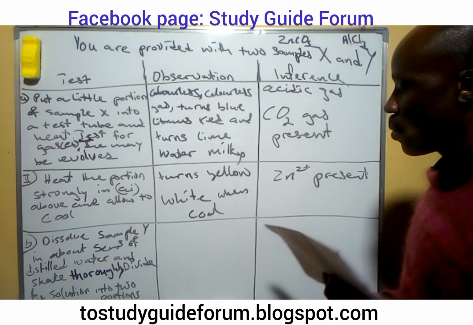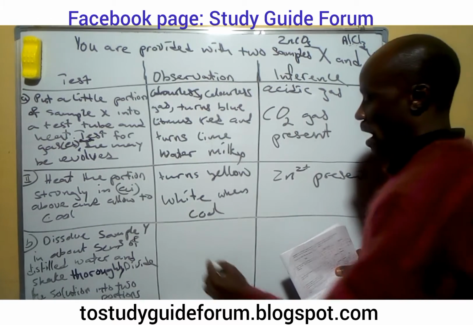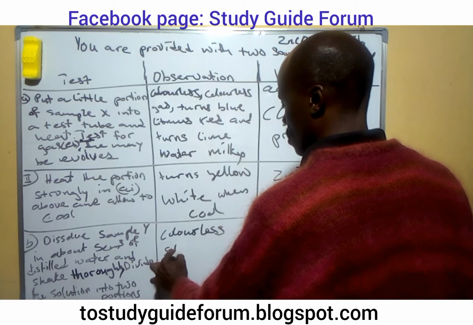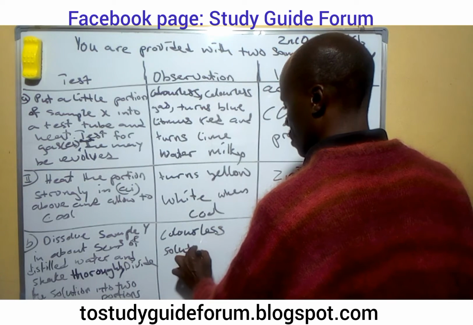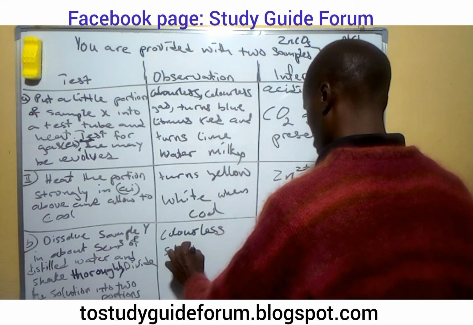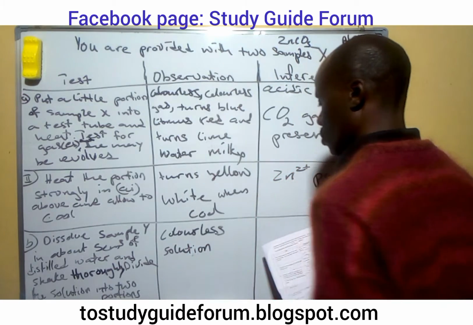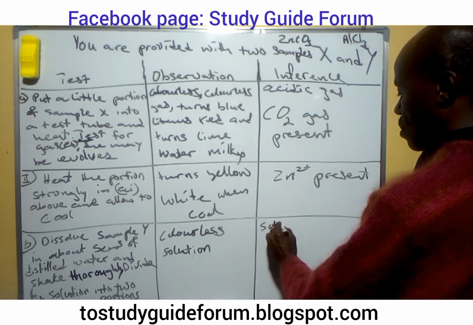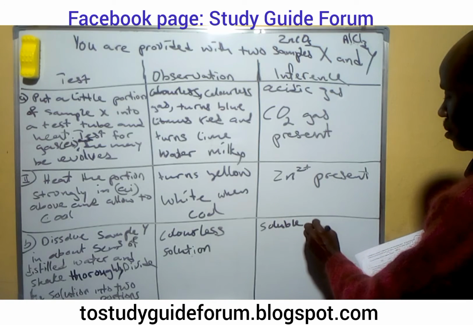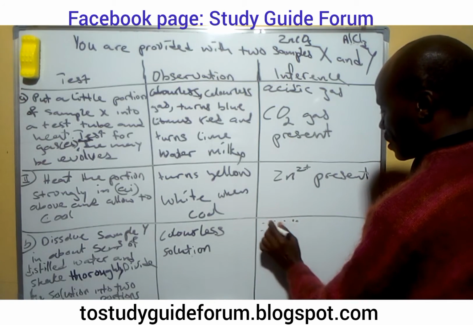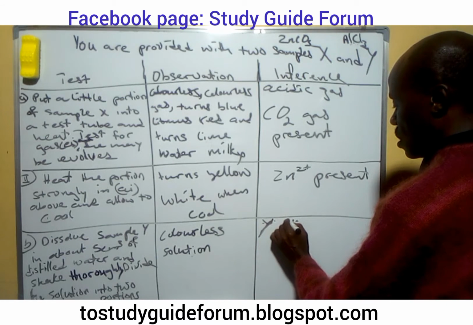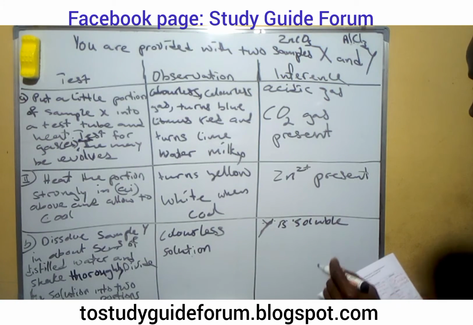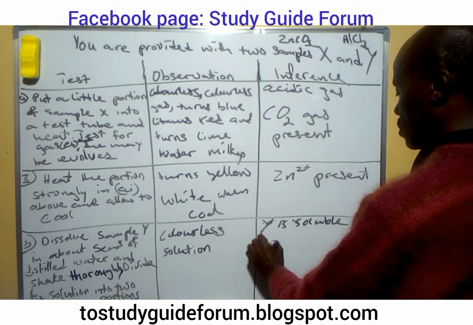So when you add water there, you have a colorless solution, meaning that Y is soluble.